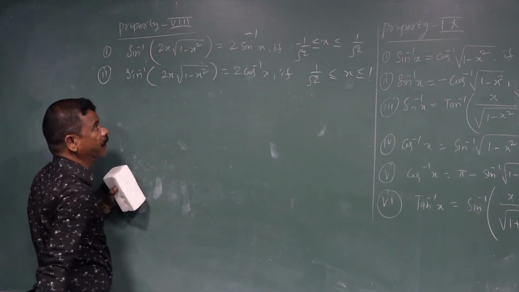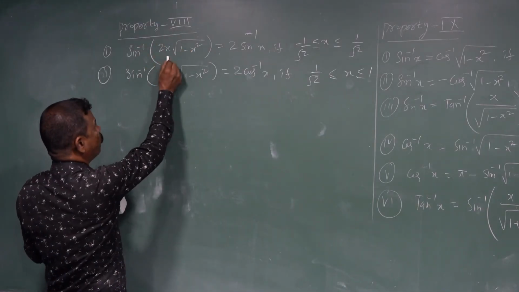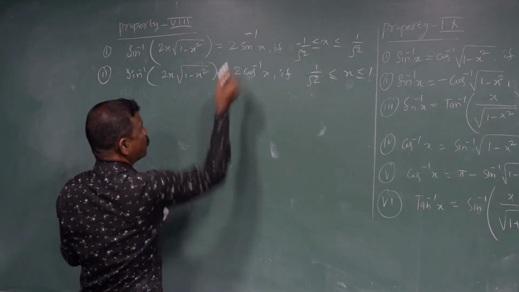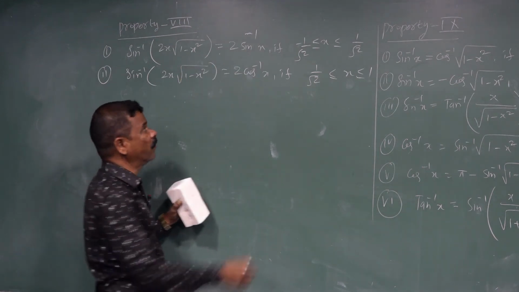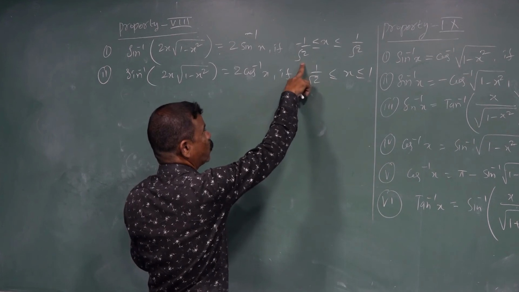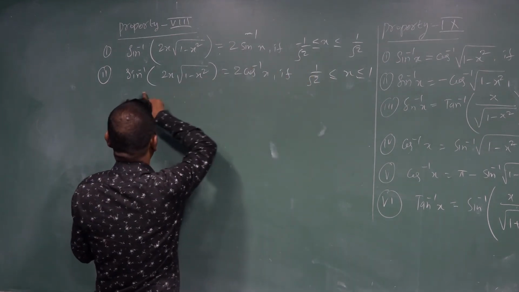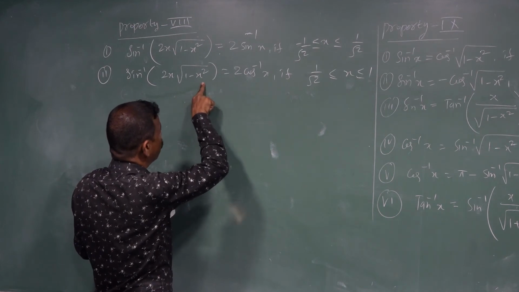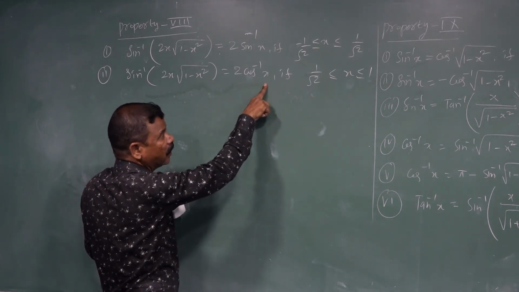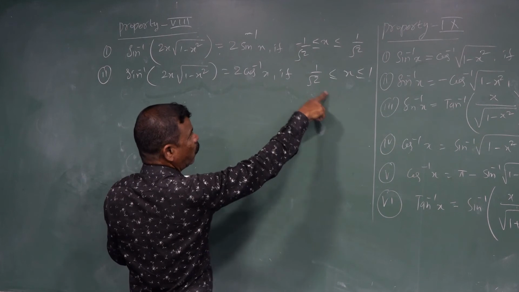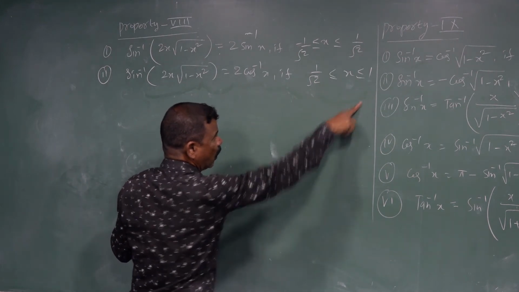Property 8: sin inverse of 2x under root 1 minus x square is equal to 2 sin inverse x, where x lies between minus 1 by root 2 and 1 by root 2. This is the condition. Similarly, sin inverse of 2x under root 1 minus x square is 2 cos inverse x, where x value is between 1 by root 2 and 1.